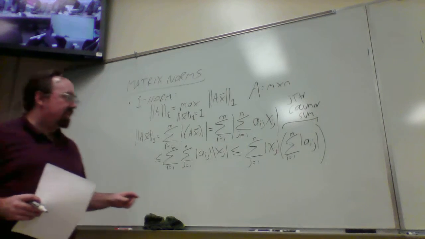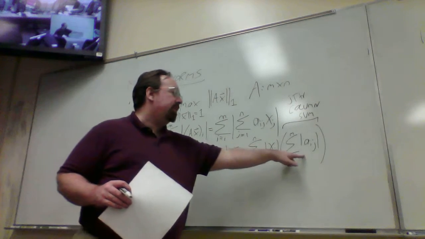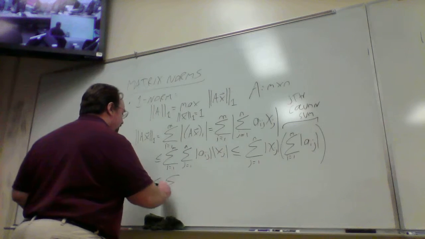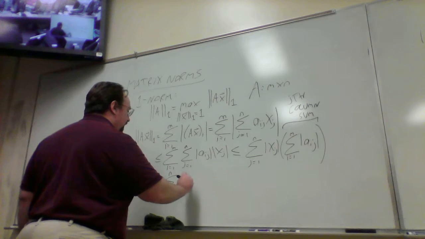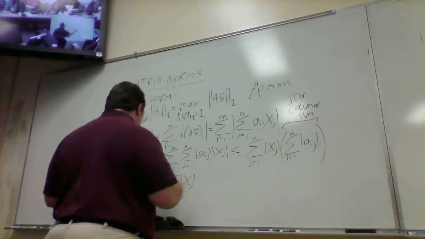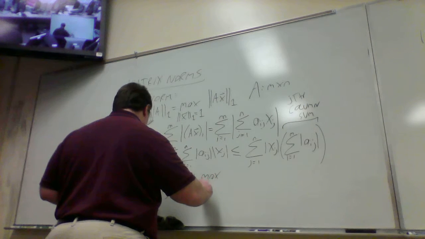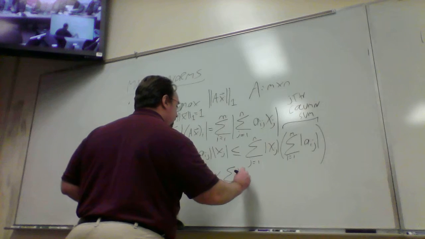Now, each xj is being multiplied by the jth column sum. So this is certainly less than or equal to the sum of absolute value of xj times the maximum column sum. So that would be the max over j equals 1 to n of the sum of absolute values of Aij.